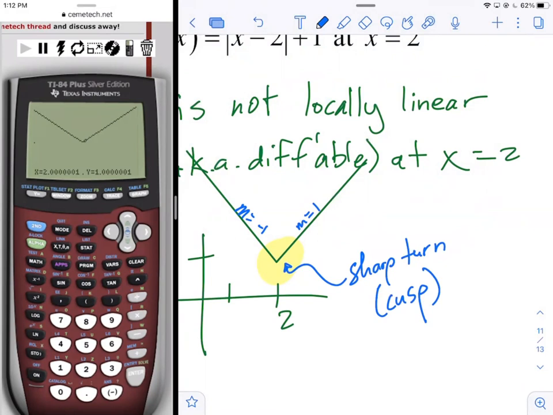The cusp is a consequence of how and why it's not differentiable. If you were really to justify, you could say f of x is continuous but not differentiable at the point 2,1, since the slope from the left of 2 is -1 and the slope from the right of 2 is +1, and -1 doesn't equal 1, right?